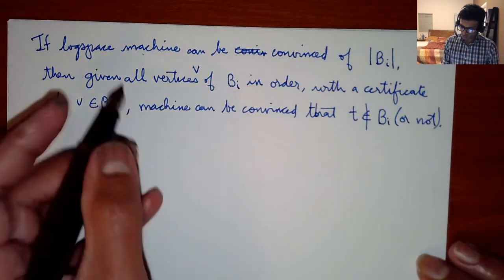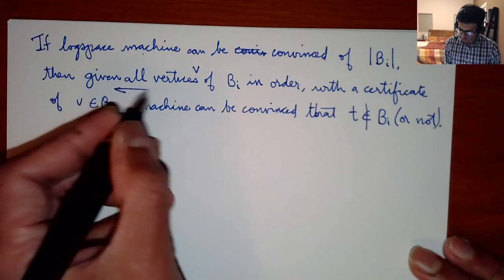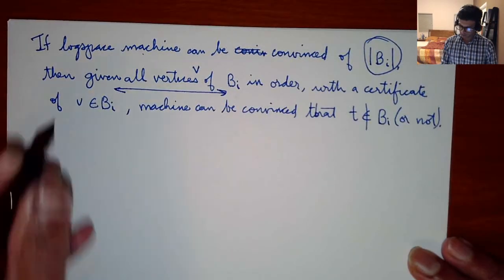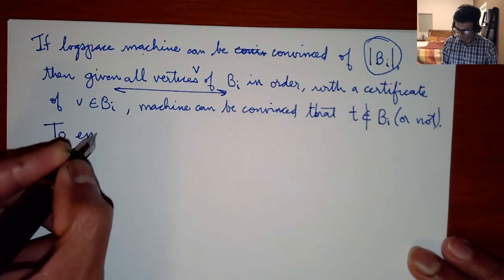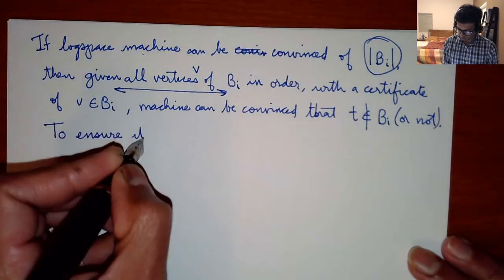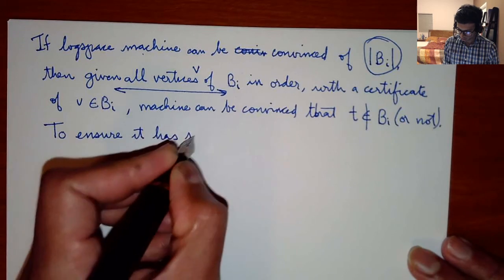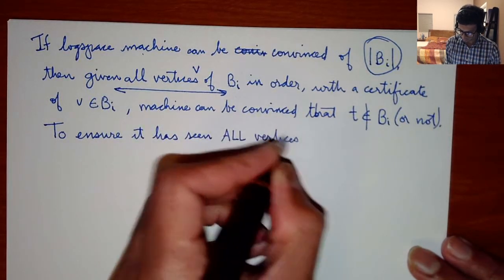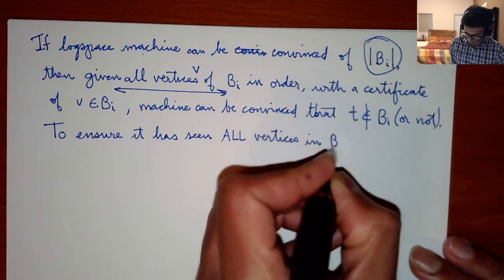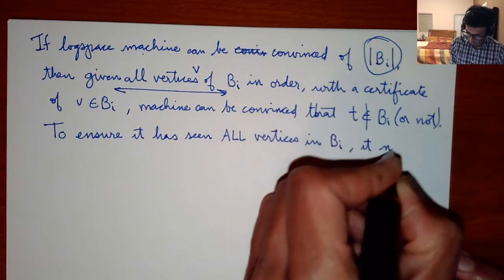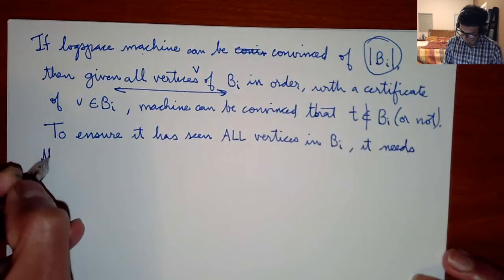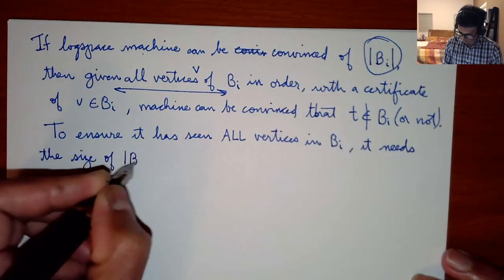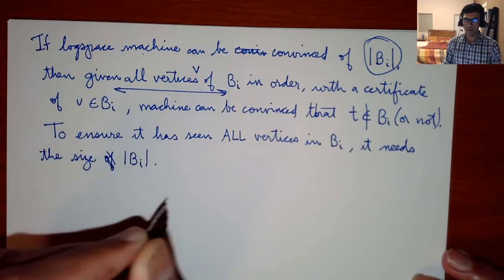And this is important because to check that it has all the vertices, it needs to know BI. To ensure it has seen all vertices in BI, it needs the size of BI. By it, I mean the machine.